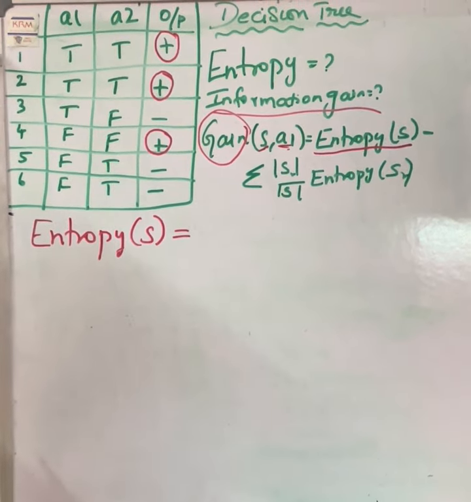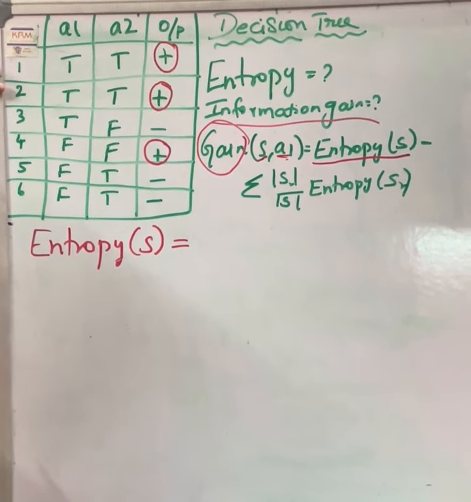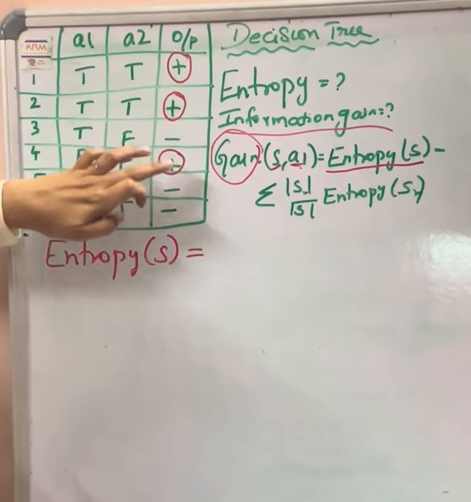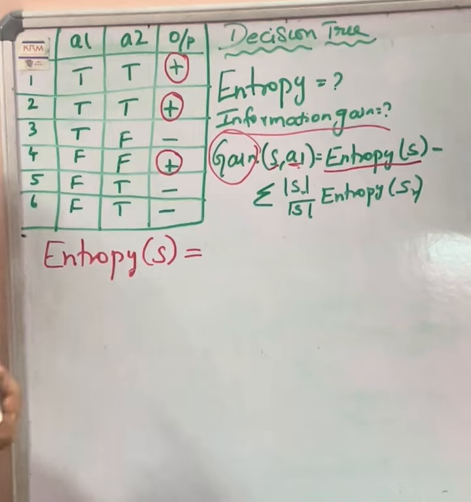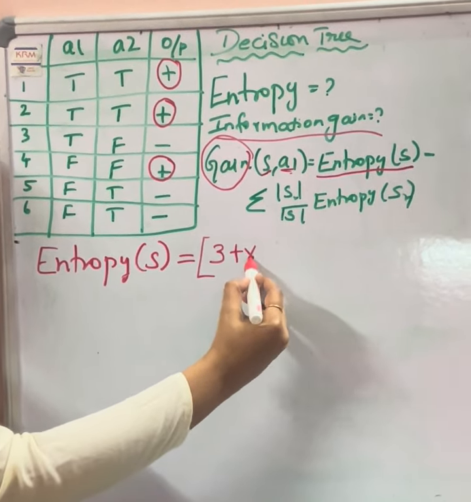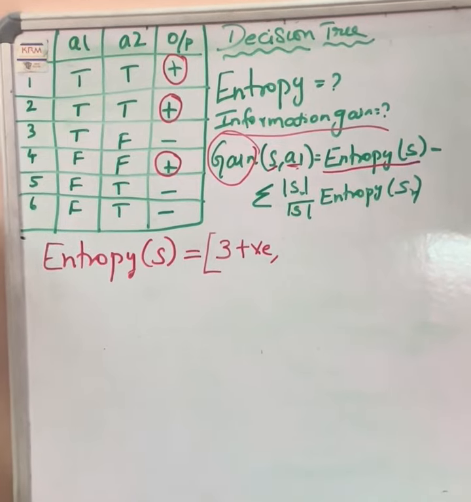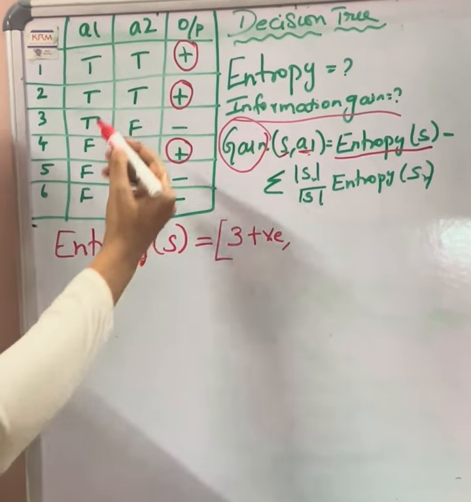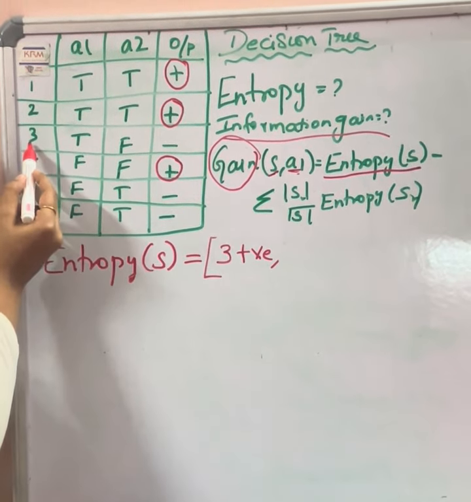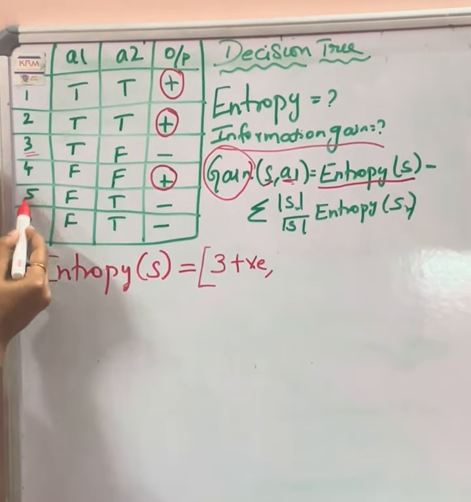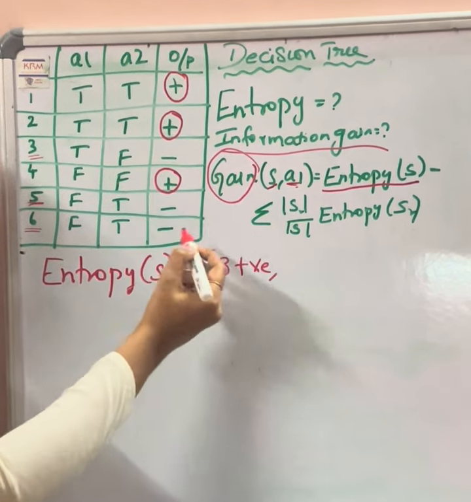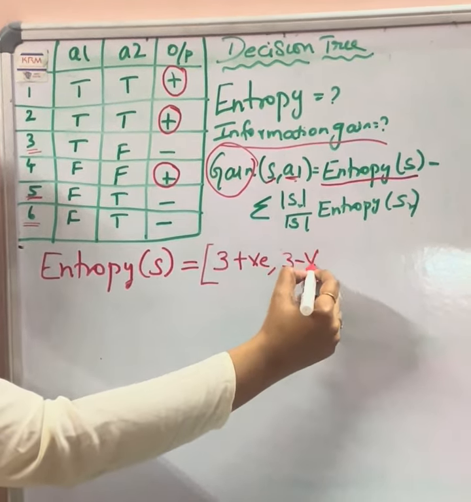So instances 1, 2 and 4, these 3 samples, are positively contributing to the outcome. And how many negative contributions are there? Here it is 3: samples 3, 5 and 6. So we have 3 negative contributions.